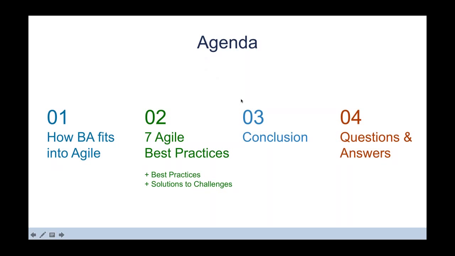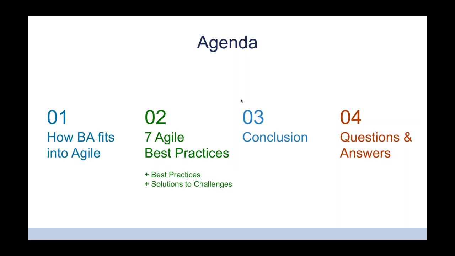Thank you for the introduction. Welcome, everyone. It has been a while since our last webinar we did together with Clara on Agile topic. And I think the topic is still important, so we were really enjoying the collaboration, and we hope you will also enjoy the webinar. The agenda, in the first part, we are going to shortly see how the role of business analyst fits the Agile project management.